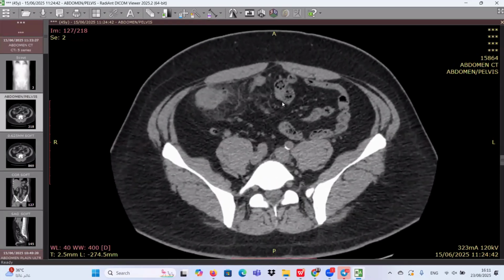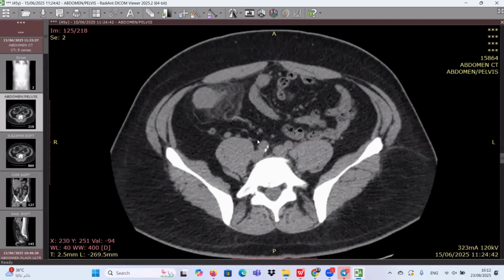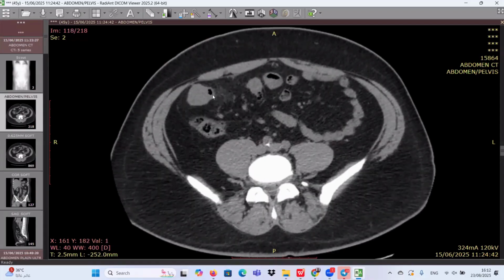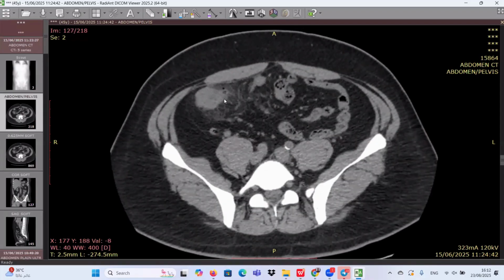Sir, I could appreciate a tiny air locule outside the lumen. I think this one. Yeah, you are right. So we have diverticular outpouches, but one of them is thickened, surrounded by smudged fat planes, and we have a very tiny extraluminal gas pocket.